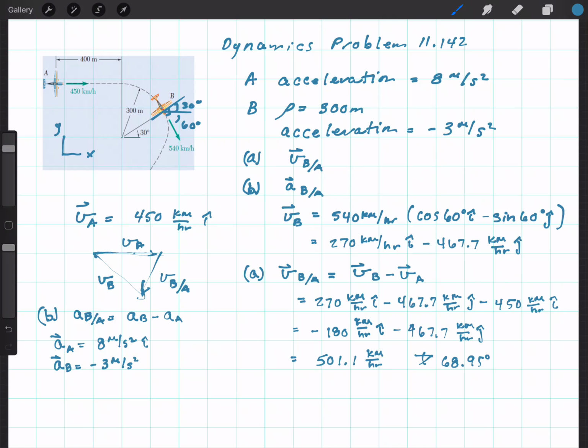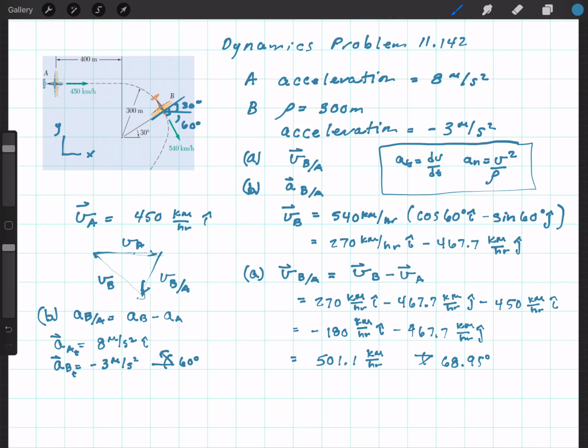It's 60 degrees, but because it's deceleration, it would be going in the opposite direction. It is an angle like this, 60 degrees. This is the tangential component. We remember that the tangential acceleration is dv/dt, and the normal acceleration is v squared over rho.